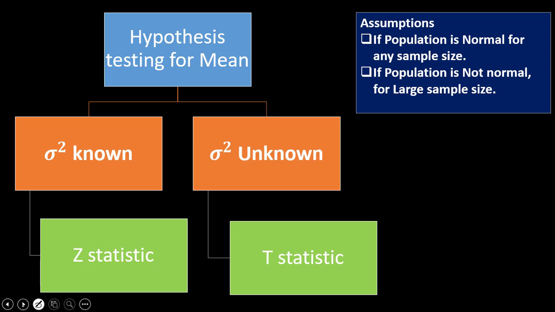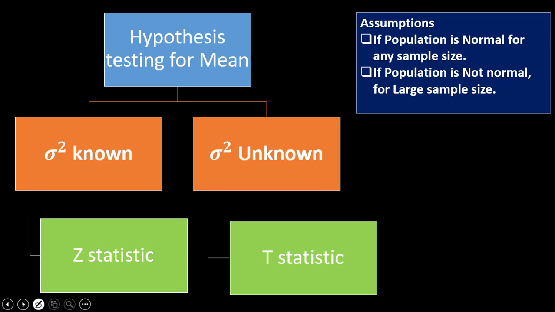Before going into the example, let me introduce you to the different types of test statistic which we are going to use for hypothesis testing for means, depending upon the data given in the question. So this is the flow chart.